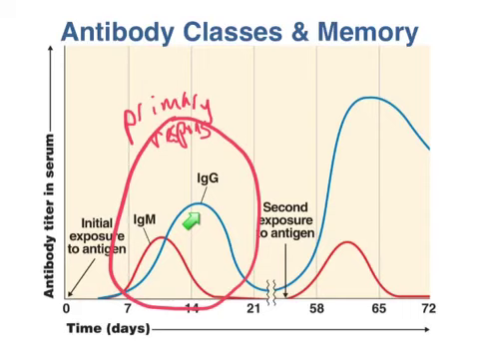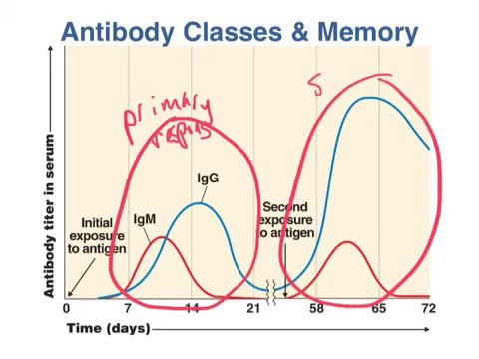But on the secondary response to an antigen, now most of the memory cells that are left are going to produce IgG. So in the secondary response, you have a really strong, fast IgG increase in your blood. And this is IgG specific to that antigen. Okay?